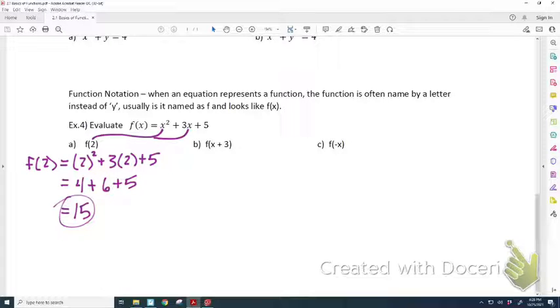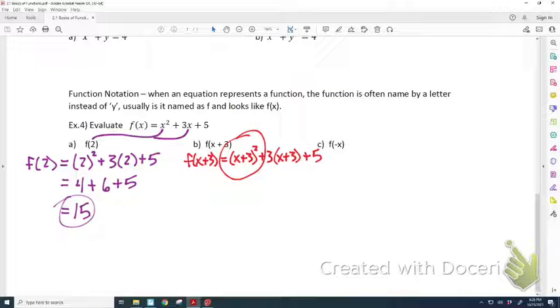Plug in x plus 3 anywhere there's an x. This part's a little messy. You'll have to FOIL that out. And make sure you distribute that 3 on that one, and then plus 5. So we've been doing this thing over and over again.